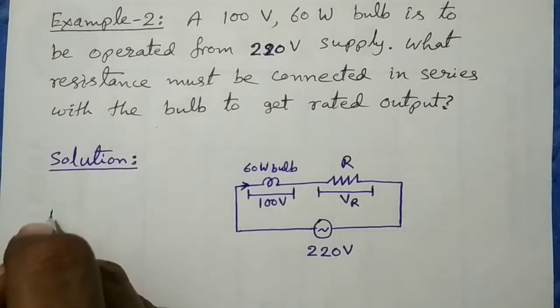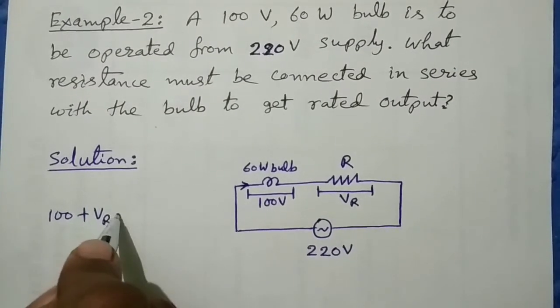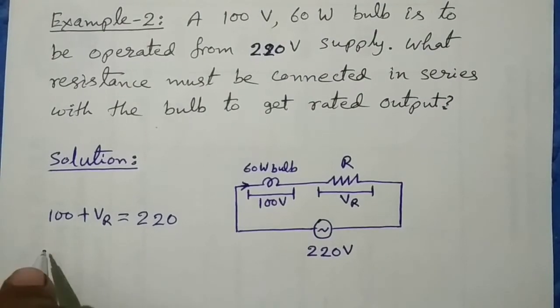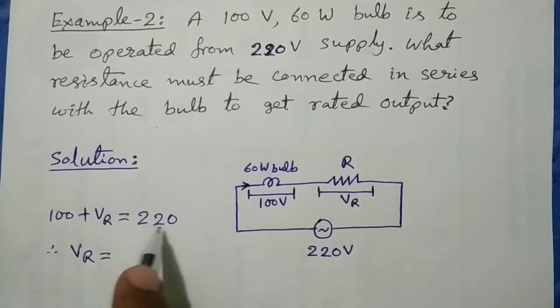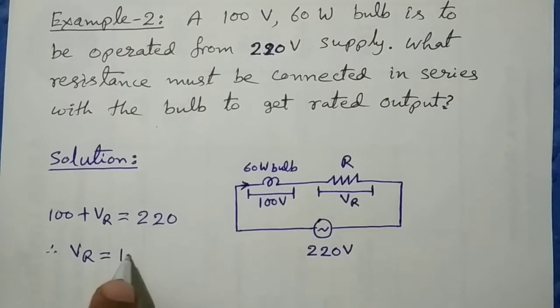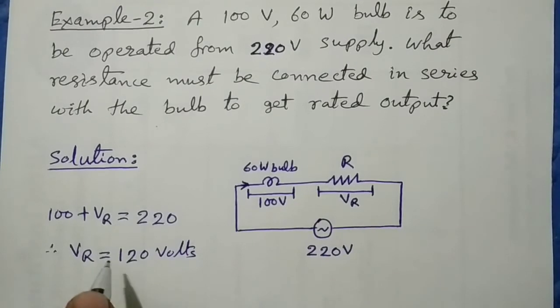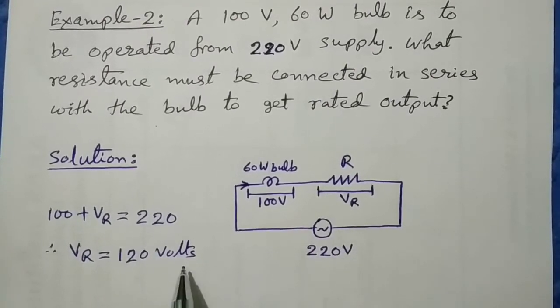Therefore, 100 plus VR should be equal to 220, and VR will be equal to 220 minus 100, that is 120 volt. That means the value of the resistance would be such that the voltage drop across the resistance will be 120 volts.